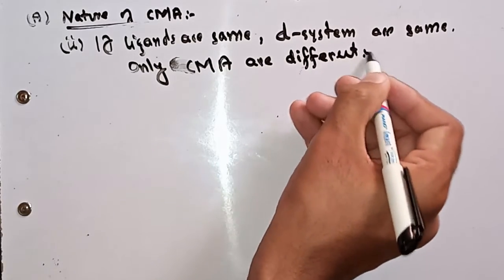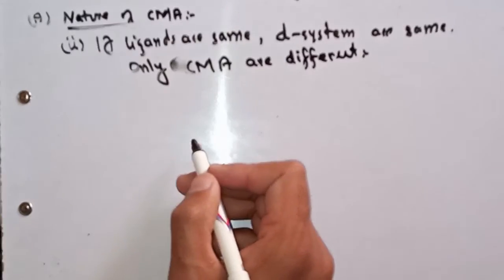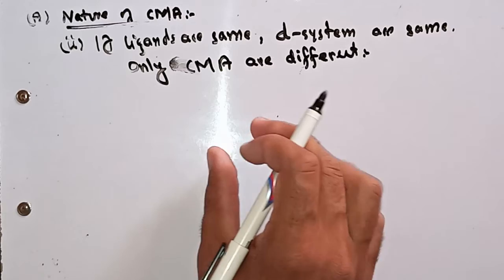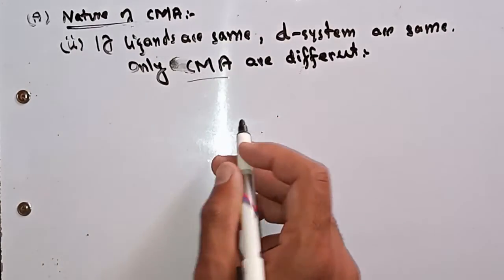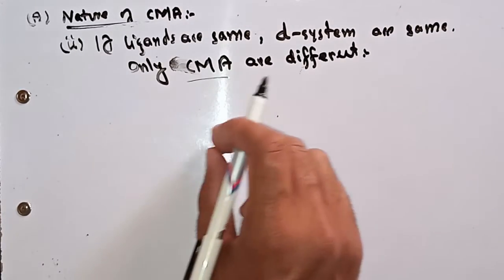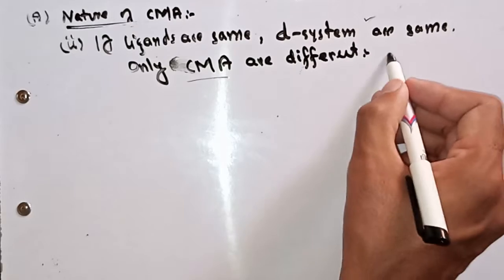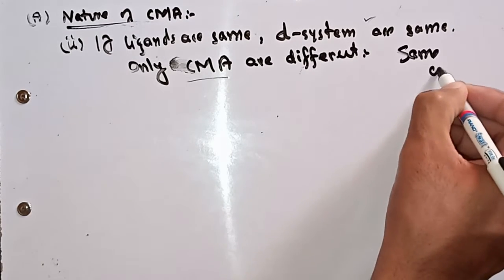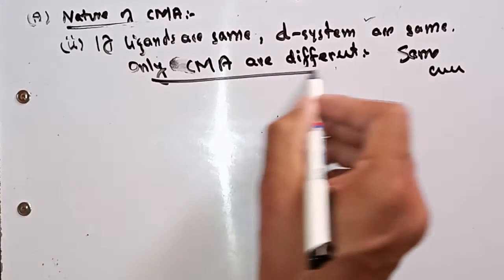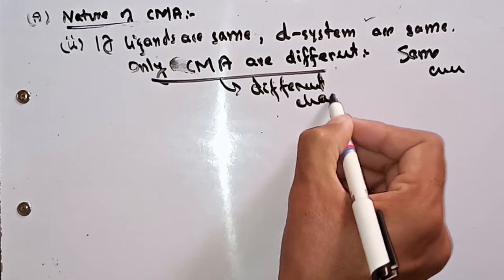What will happen here? Here are two different cations having the same number of d electrons and the same geometry of complex, but only different charges on the central metal atom.